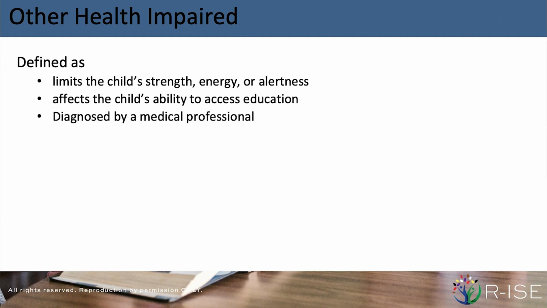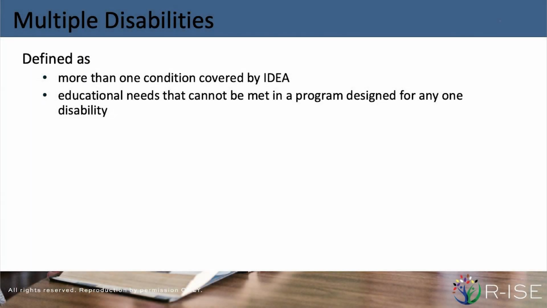This includes attention deficit hyperactivity disorder, attention deficit disorder, areas such as multiple sclerosis, diabetes, asthma, etc. These are health issues that do affect a child's ability to learn. Multiple disabilities is just as it states. This is for a child who's been diagnosed with two or more areas of disability as covered under IDEA.